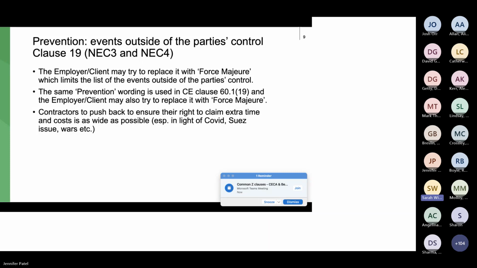Probably more often we're seeing the clause watered down in terms of the contractor's right to claim. So extra criteria are put in, which make a claim more difficult, and or trying to carve up the claim slightly differently.